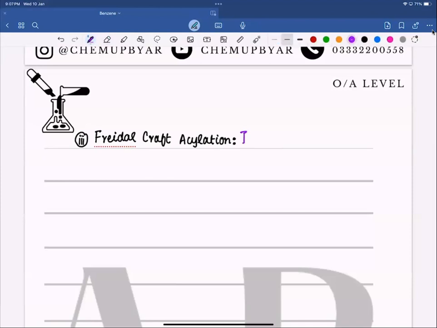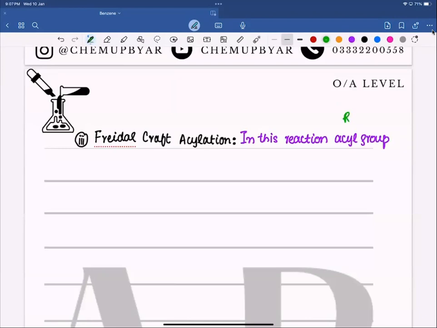So in this reaction, the acyl group substitutes the hydrogen of the benzene ring. And what is an acyl group?